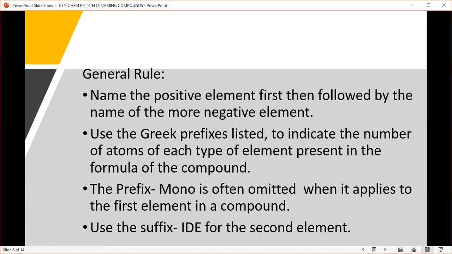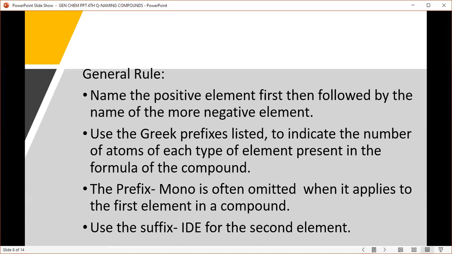So you have to look at the subscript for each and every element in the compound, which is composed of two nonmetals. So you have to indicate the number of atoms of each type of element present in the formula of the compound by using the Greek prefixes as listed earlier.